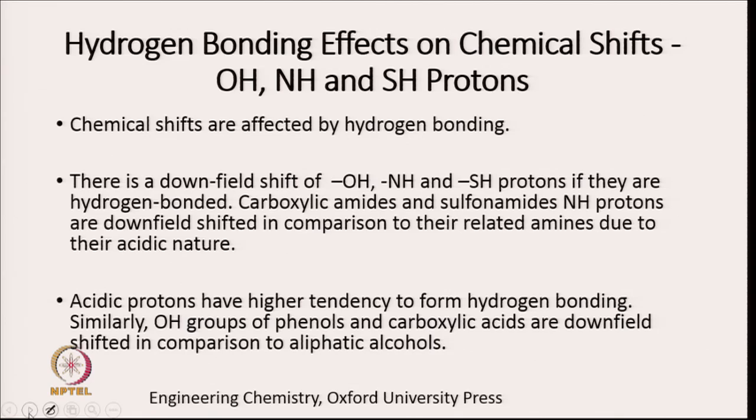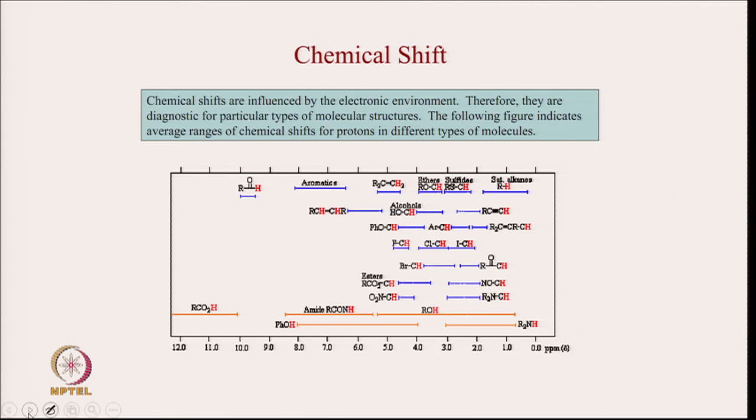Acidic protons have higher tendency to form hydrogen bonding. Similarly, OH group of phenol and carboxylic acids are downfield shifted in comparison to aliphatic alcohols.